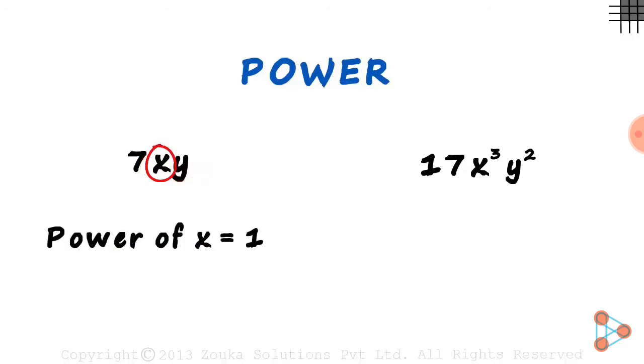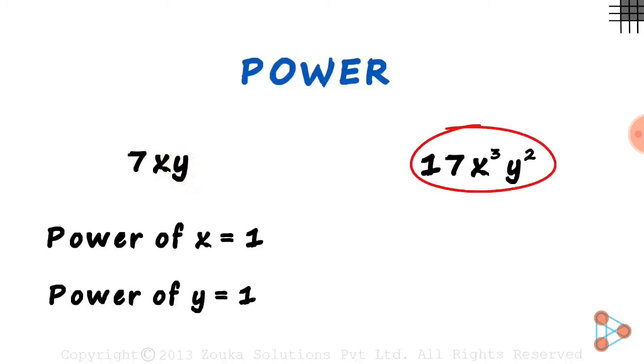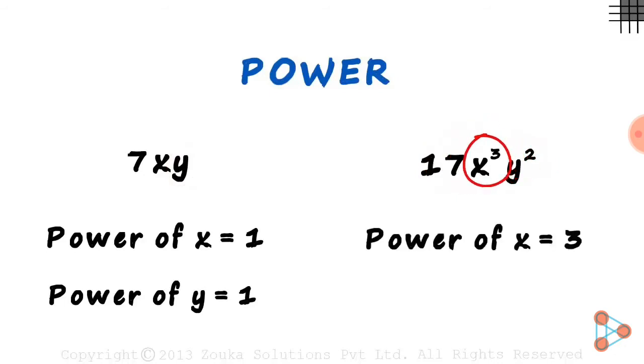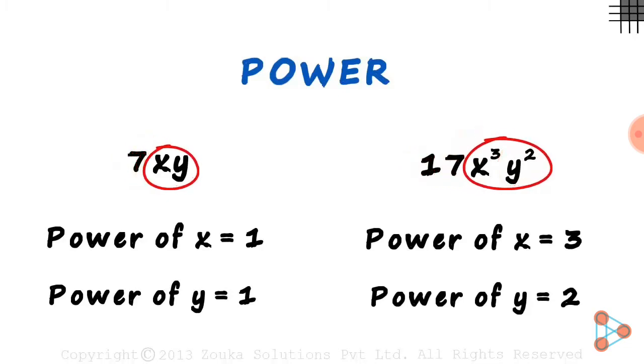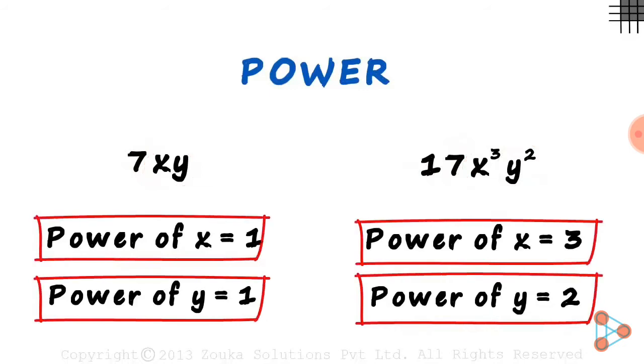The power of x is 1 and the power of y as well is 1. Now look at the powers of variables of the second term. The power of x is 3 and the power of y is 2. Both these terms have the same variables, x and y, but the powers of each of the variables are different.